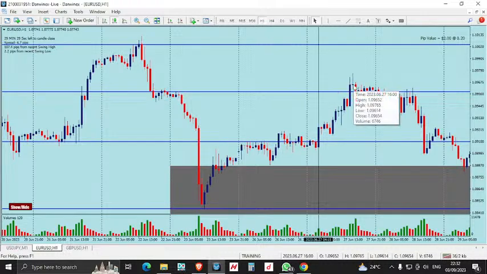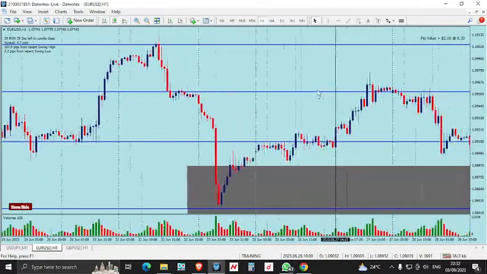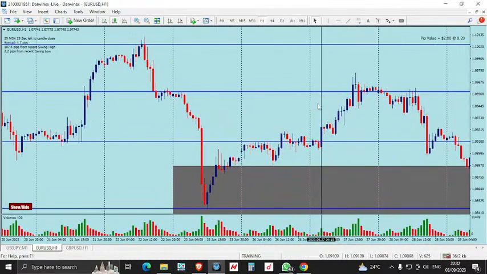This is indecision. Some people trade without having a stop loss and take profit. They only put a stop loss. One of the signs they will need to exit the market is this kind of doji. Look at this doji here.